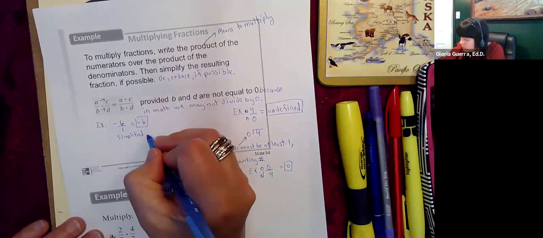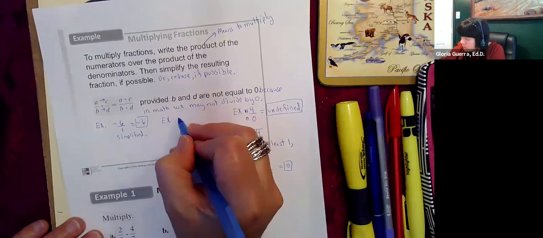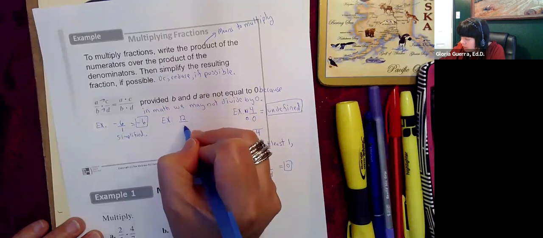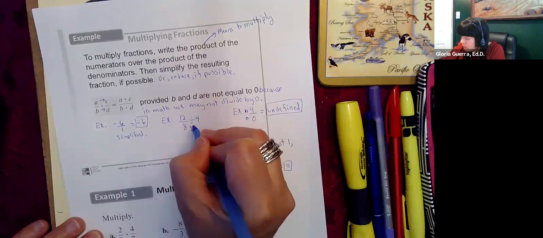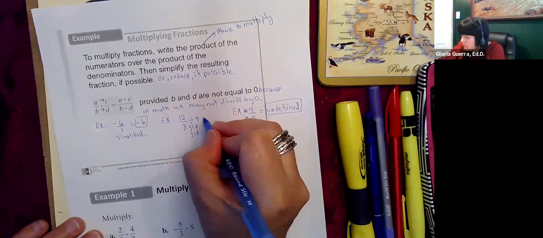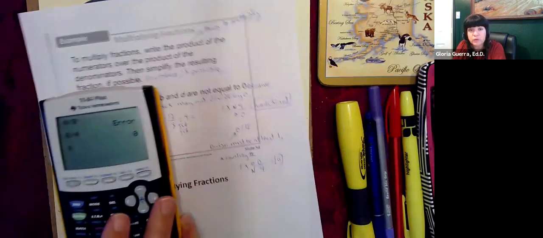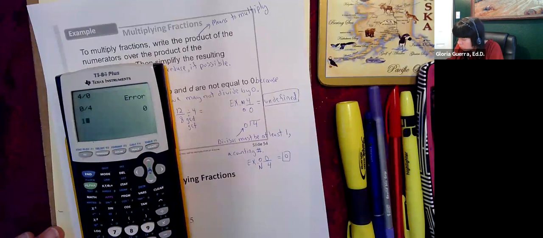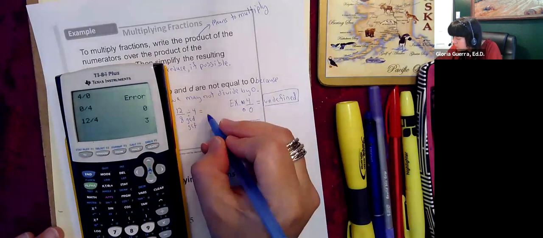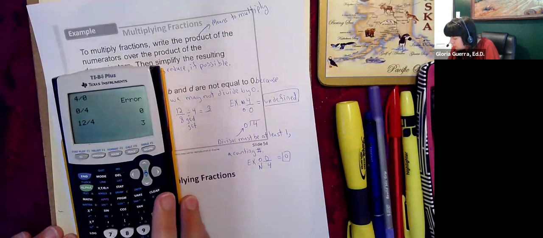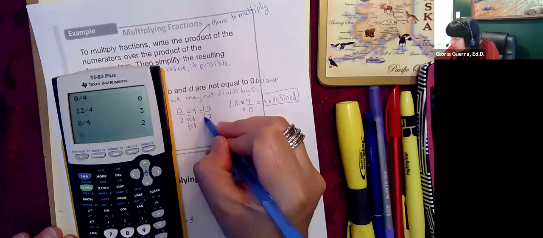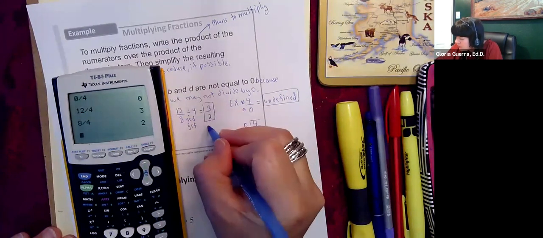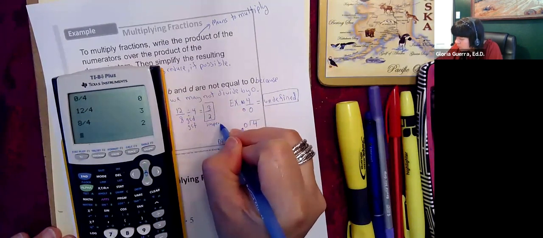Okay, but if I have something like 12 over 8, that can be reduced. 4 is the greatest common divisor, or the greatest common factor. So you can see here that 12 divided by 4 is 3, and 8 divided by 4 is 2. So you can see how that reduces to 3/2, and that's actually an improper fraction.